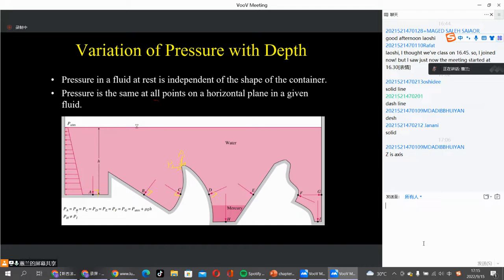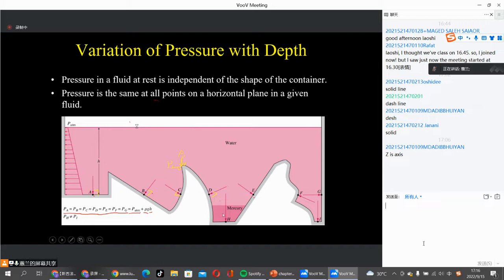Because it is the same incompressible fluid, and the pressure equals the pressure at the free surface plus gamma or rho g times h, the depth to the free surface. A, B, C, D, E, F, G have equal depths to the free surface.